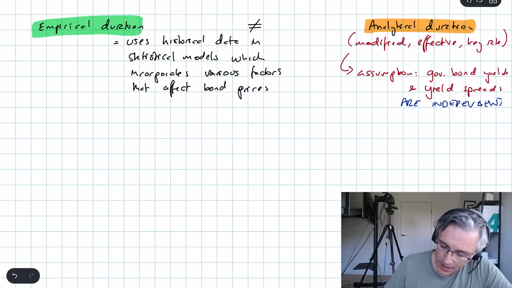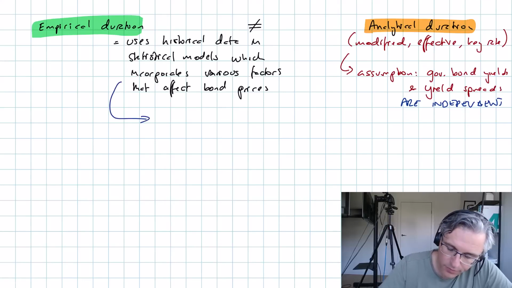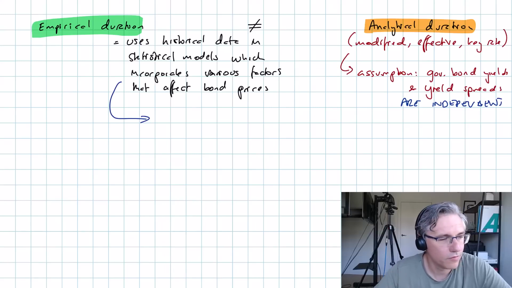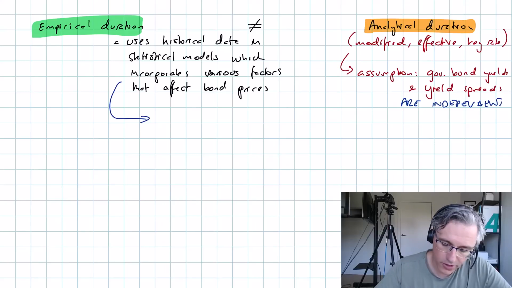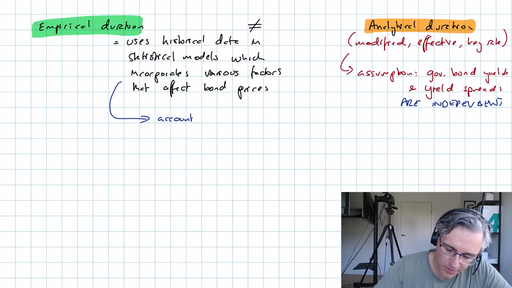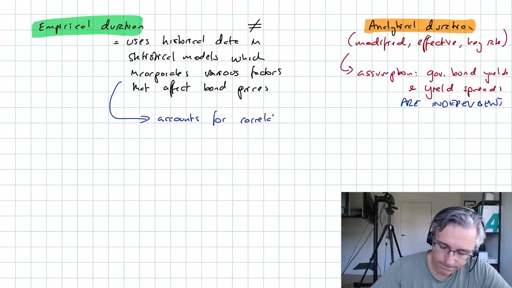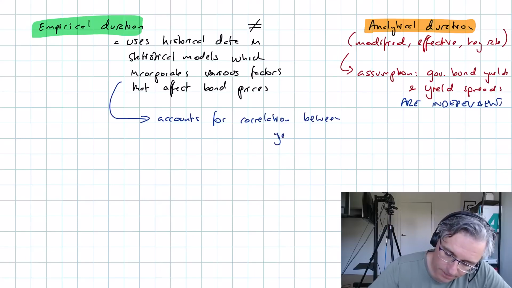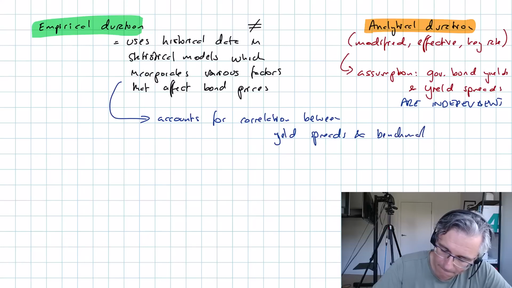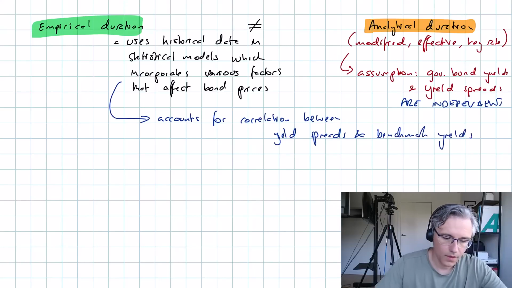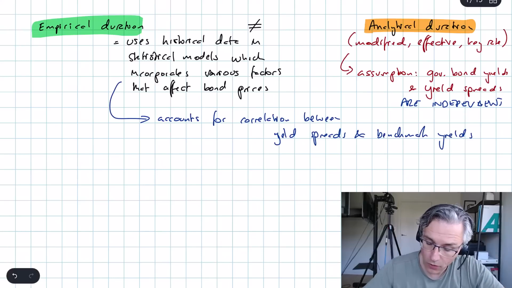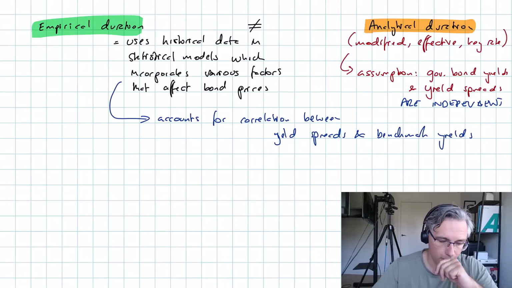Okay, and the big benefit of this approach is that it accounts for correlation between yield spreads and benchmark yields, of course, when conditions are changing.